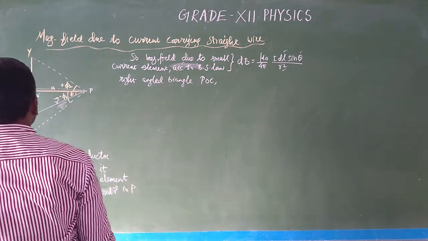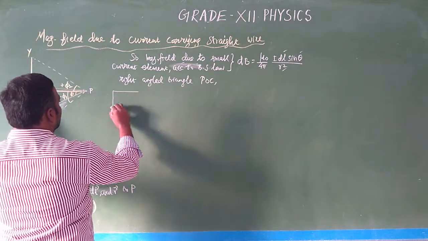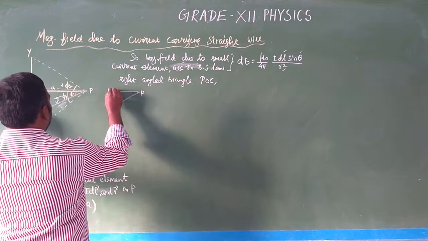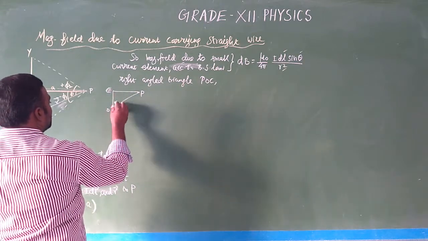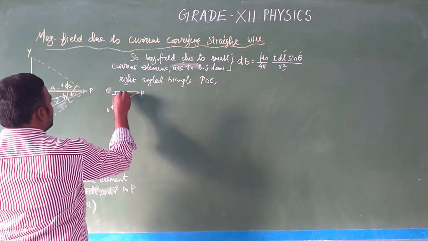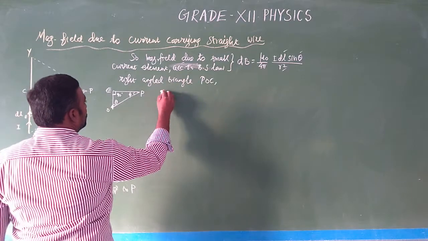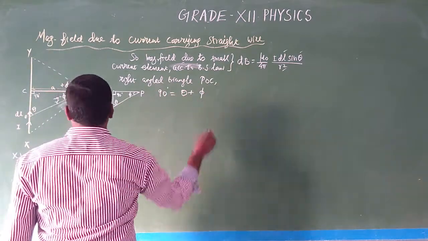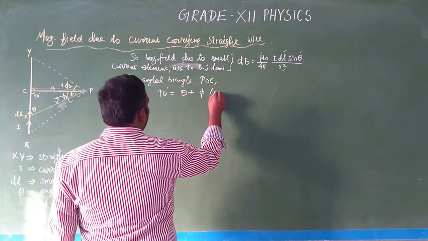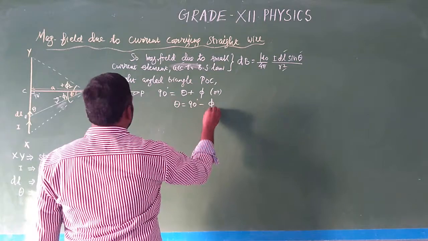This 90 degree is equal to theta plus phi. This is the current element. So this is right angle 90 degree, this is an angle theta, this is an angle phi. So 90 degree is equal to theta plus phi, but we want a theta value. So theta is equal to 90 degree minus phi.